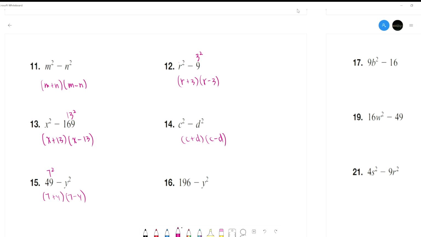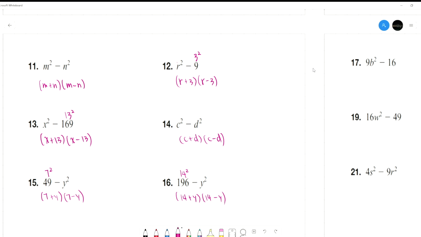Okay, so hopefully you did not write it the other way around, like (y plus 7)(y minus 7). That would actually give you the wrong answer. Alright, so like I said earlier, 196 is actually 14 squared, right? So this one is (14 plus y)(14 minus y). Any questions with that?